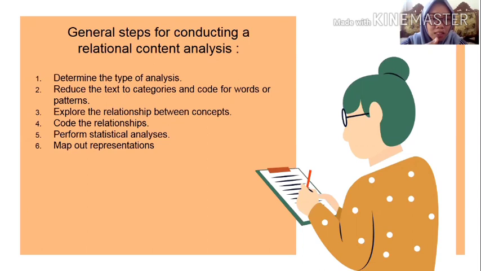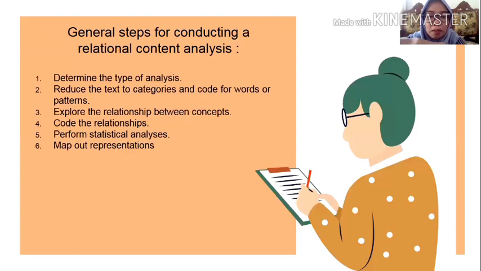And reduce the text to categories and code for word patterns means that the researcher can code for existence or meanings of words and explore the relationship between concepts. Explore the relationship between concepts means that once the words are coded, the researcher can analyze the strength of the relationship, the sign of the relationship, and also the direction of the relationship.